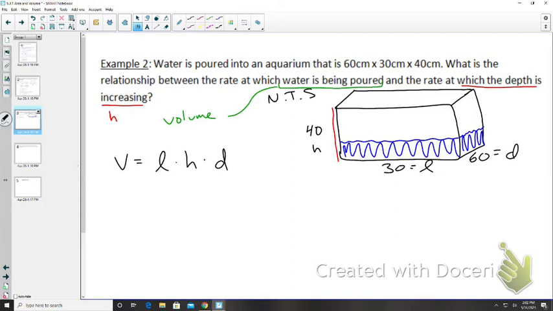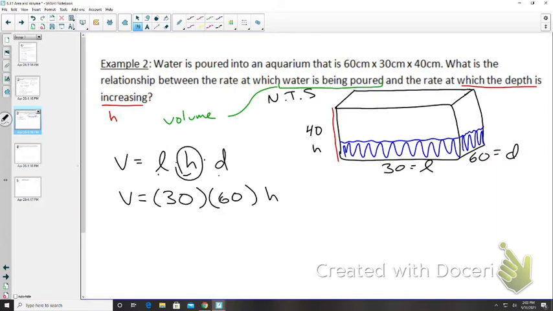So what did we say was changing? Only H, right? My length and my depth are not going to be changing. So I'm just going to rewrite this now. Volume is equal to 30, which is my length, times my depth, which is 60, multiplied by the height, which is changing. Anytime that something is changing, you guys are thinking of derivatives, right?